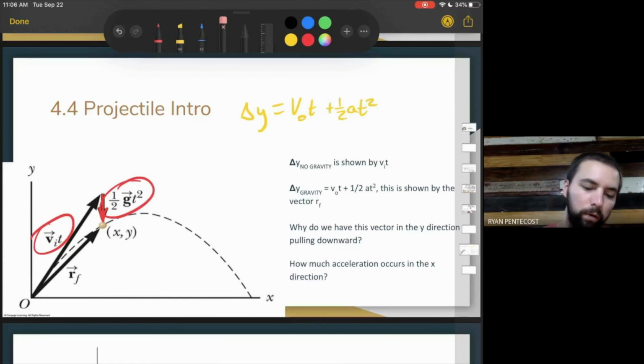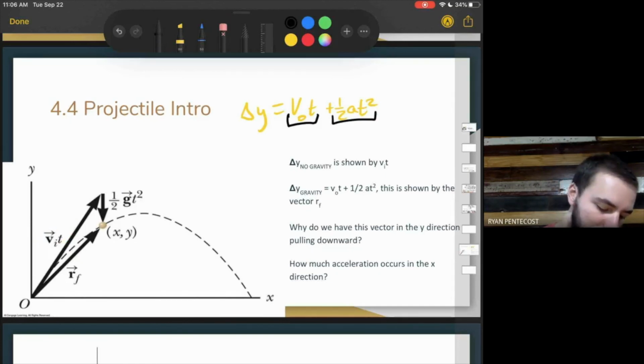One vector shows this component, v0 t, the motion of an object without gravity. But if you then add, using vector addition like they did over here, you can get the full picture. Take that vector, then go head to tail with this vector, and you get the total motion of the object. They basically did the vector addition for us.